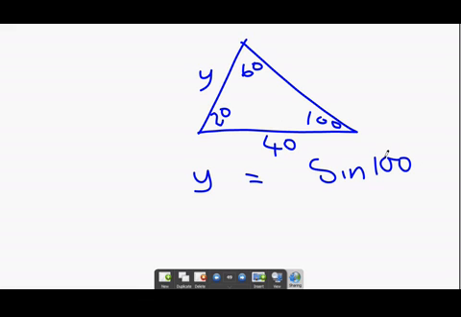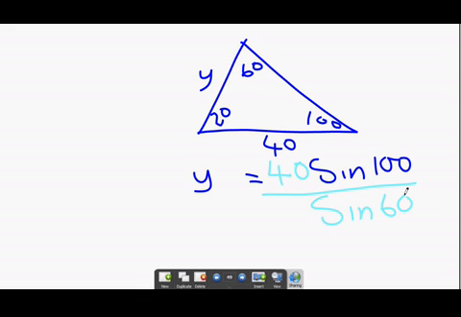And I'm using the sine rule. I'm not going to worry about the formula. I just need to know what I need to do. Then I need a side, and I was given a side which is 40, and then the angle for 40 must go down, sine the angle of 40, which is 60.